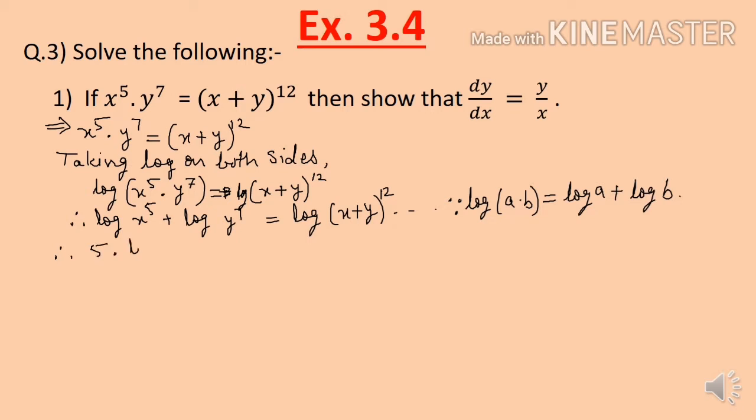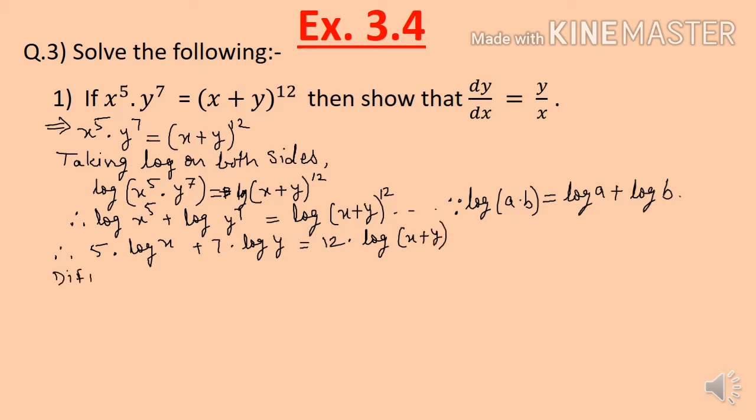So we get 5 into log x plus 7 into log y is equal to 12 into log of x plus y.